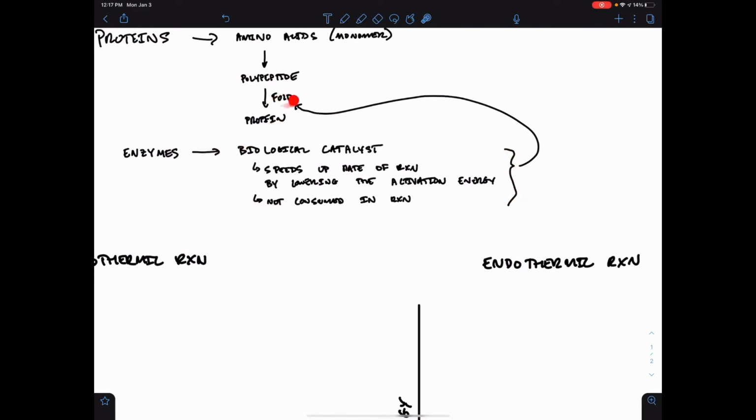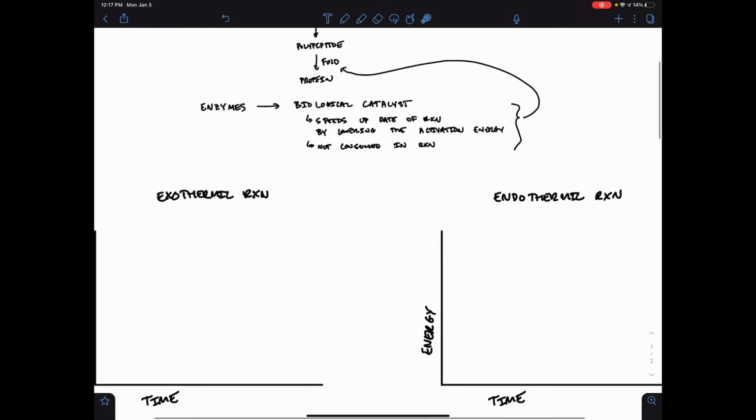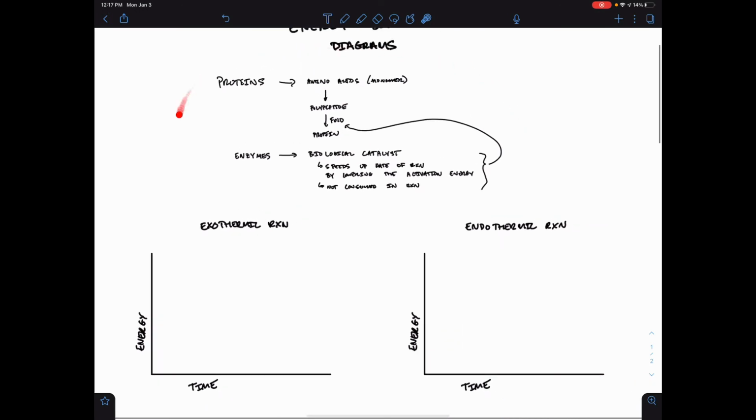So if we change the shape, then we change its function. It will no longer work to catalyze its set of reactions. Okay, so this is a little bit nebulous, but we're going to drill down more into what this means exactly and how it plays out on a molecular level over the next few days.